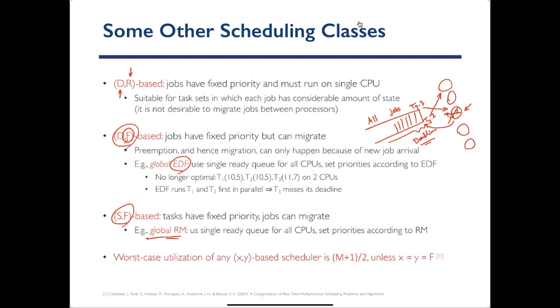And you can actually show that the worst case utilization, similar to the one that we saw without migration, even if you allow migration, if you don't have FF, meaning you don't have fully dynamic and full migration, then the worst case utilization in your system is still m+1 divided by 2. So this basically about 50% utilization is the maximum that you can hope for certain jobs, certain task sets.